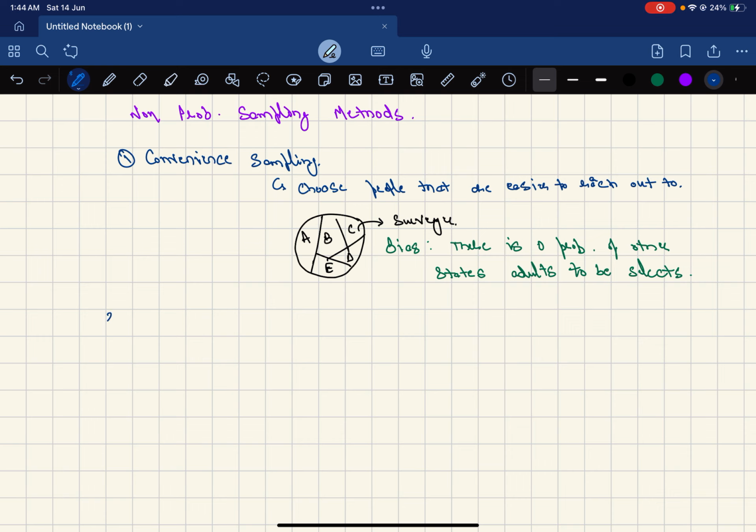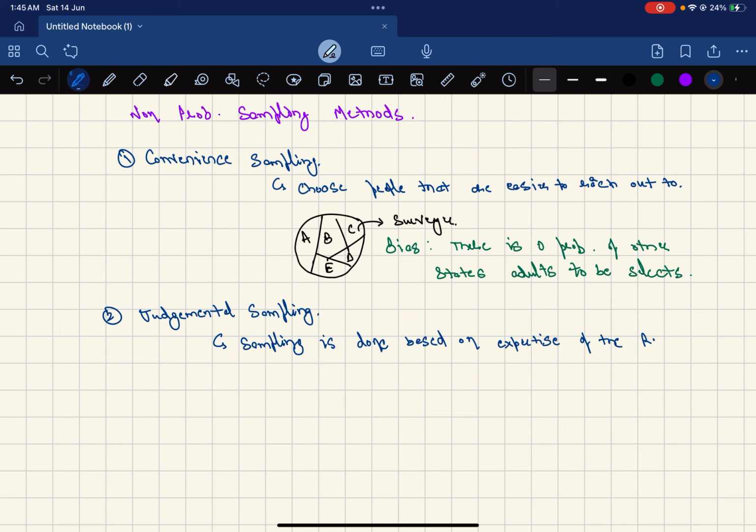Next, we have something called judgmental sampling. Here sampling is done based on the expertise of the researcher. So whoever the surveyor is, which is the researcher, in his own understanding or expertise, whatever sampling process is required.